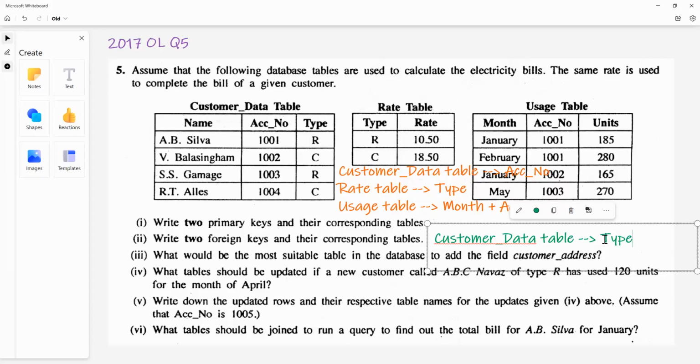Why? Take type. It connects to type in the customer data table, but it's not the primary key. Rate is not common. So for the rate table, no foreign keys. Usage table. Are there any foreign keys?